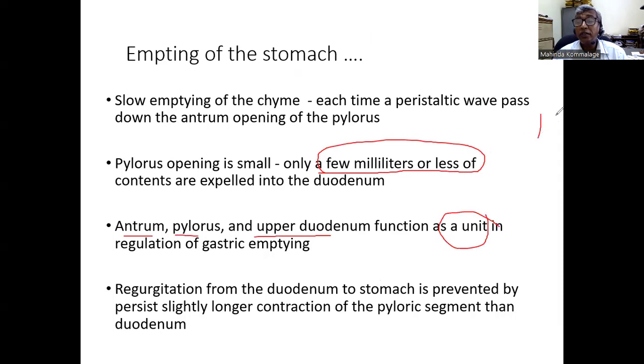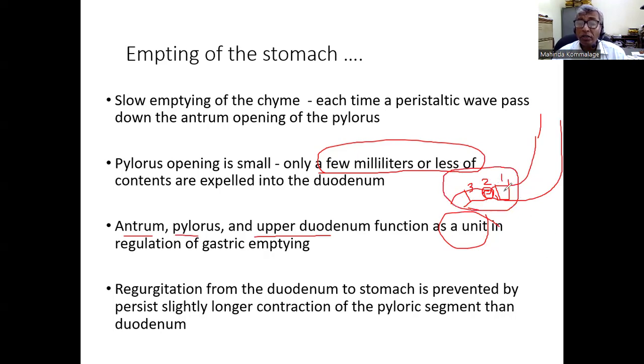So let's say this is the stomach, and this is the antrum, and then we have the pyloric sphincter, and then we have the duodenum, right? So this is the pylorus, and then the upper part of the duodenum. This part, this part, and this part will act as one unit, right?